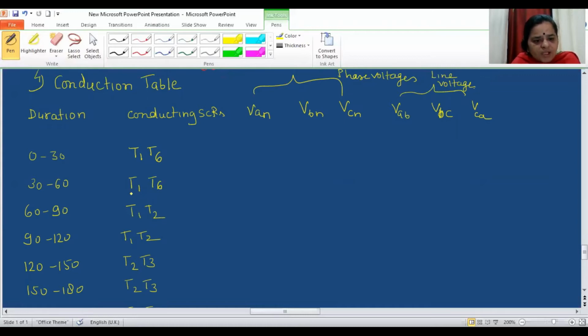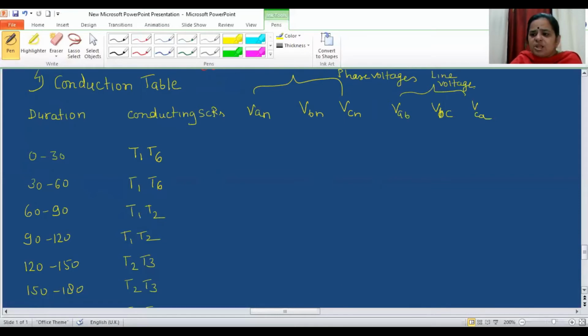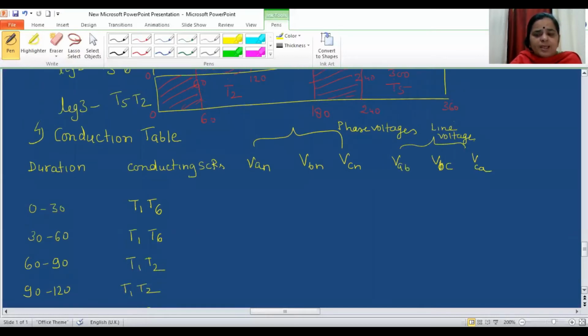Like from 0 to 60, T1 and T6 are conducting. But once you move to the next duration, that is 60 to 90, you can see that T6 is the outgoing SCR and T2 is the incoming SCR. So at every 60 degree interval, you will observe that one SCR will be the outgoing SCR and another SCR will be the incoming SCR.